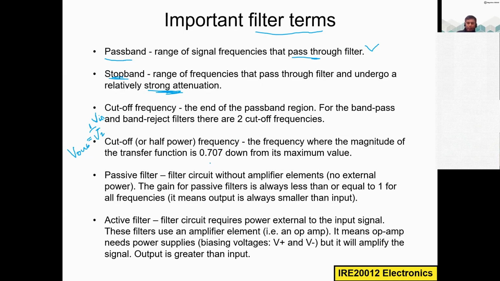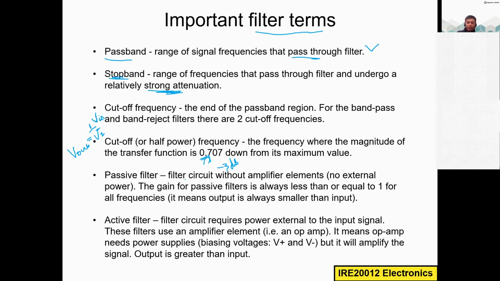So for example, here 1 by square root of 2, the value is 0.707. So when we see the frequency response in the later slides, you will understand what it means. But right now, just try to remember the cutoff frequency value, it starts at this level 0.707, or we can also call this the minus 3 dB frequency, the gain level.